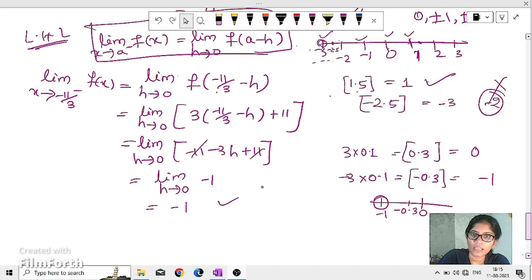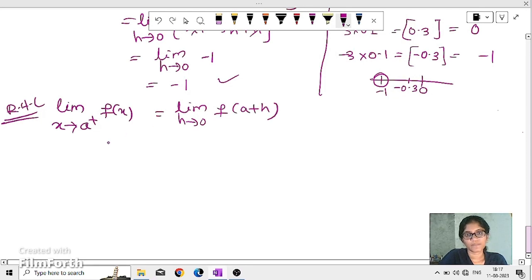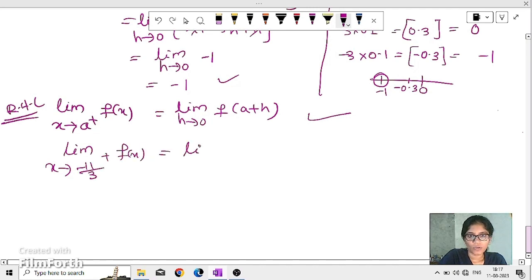Next, to check the right hand limit. For the right hand limit, limit x tends to a plus of f of x is equal to limit h tends to 0 of f of a plus h. Putting this in the formula, limit x tends to minus 11 by 3 plus of f of x is equal to limit h tends to 0 of f of minus 11 by 3 plus h.